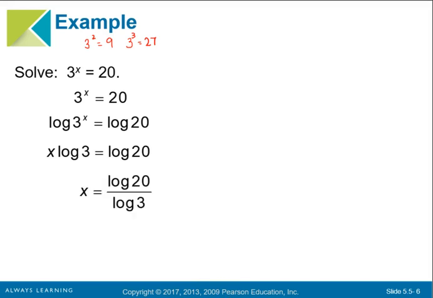So now when I isolate this, I have log base 10 of 20 over log base 10 of 3. And I want to point out that this is not the same as log of 20 over 3.